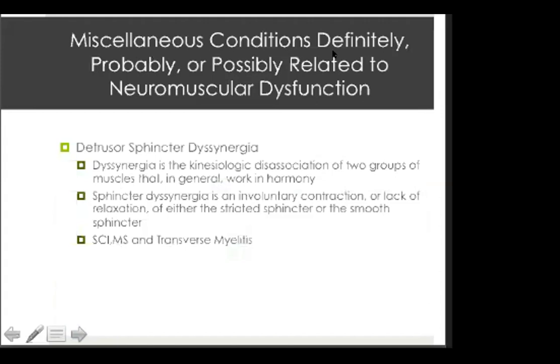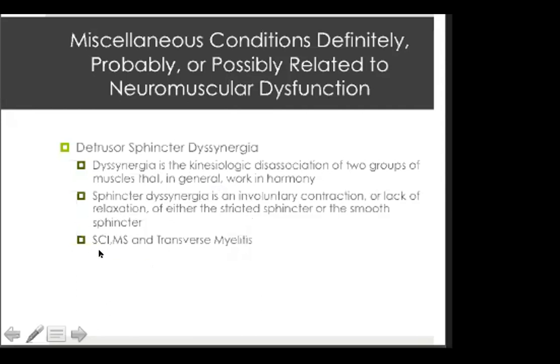So miscellaneous conditions definitely or probably or possibly related to neuromuscular dysfunction. So yeah, detrusor sphincter dysynergia. It is a kinesiologic dissociation of two groups of muscles that in general work in harmony. So sphincter dysynergia is an involuntary contraction or lack of relaxation of either the striated sphincter or the smooth muscle sphincter.